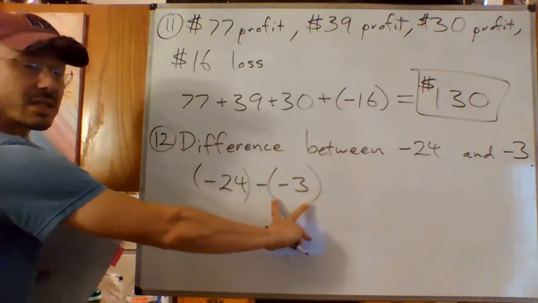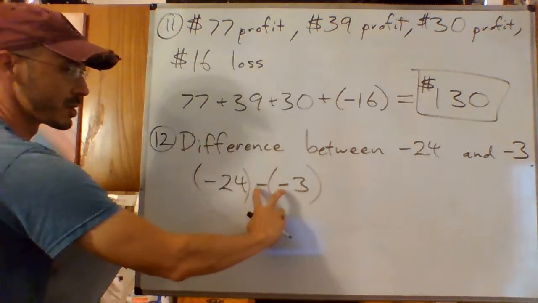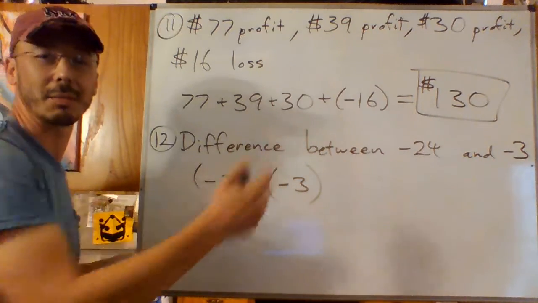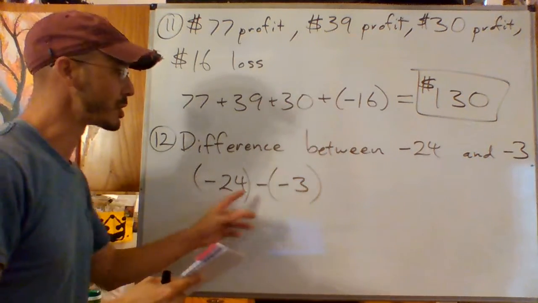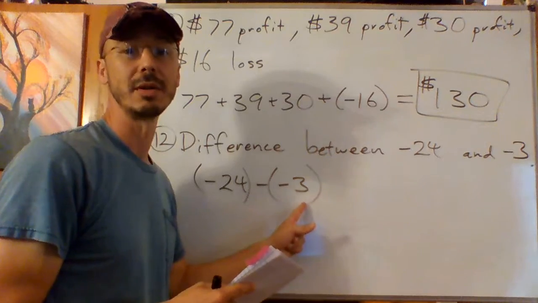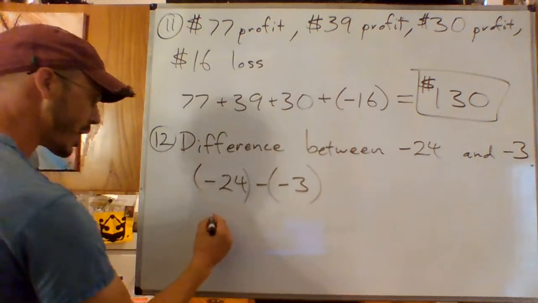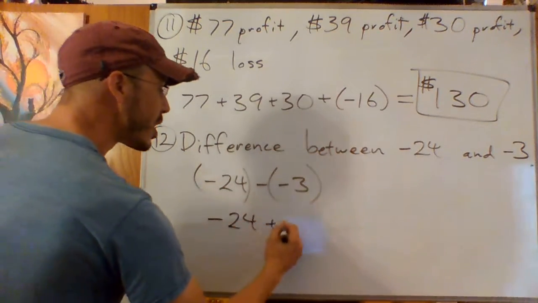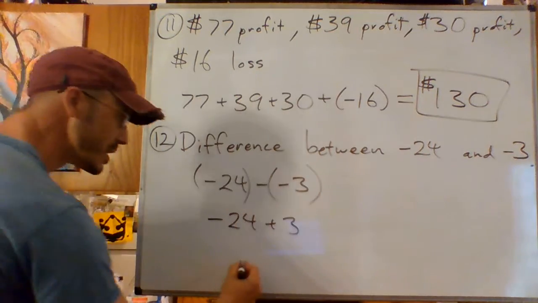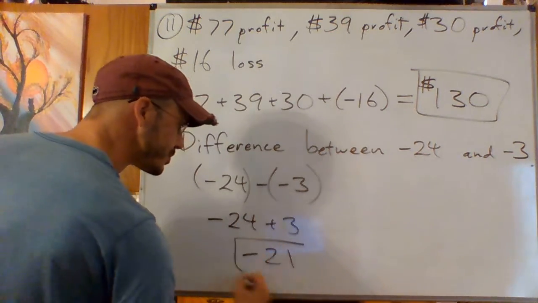Those second parentheses especially are very important to keep my minus signs. I'm not subtracting the minus sign. I want to subtract the opposite of this number. And if I write that as negative 24 plus 3, because it's minus negative 3, that's negative 21.